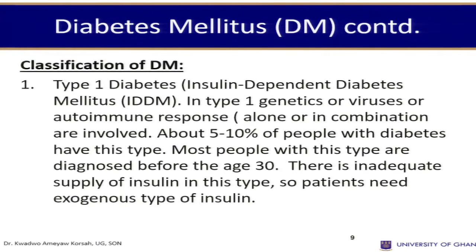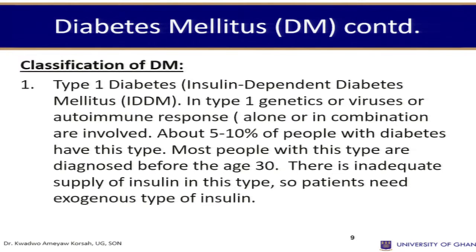Diabetes classification: we have type 1 diabetes, formerly known as insulin dependent diabetes, IDDM. In type 1, genetic factors or viruses or autoimmune response alone or in combination are involved.